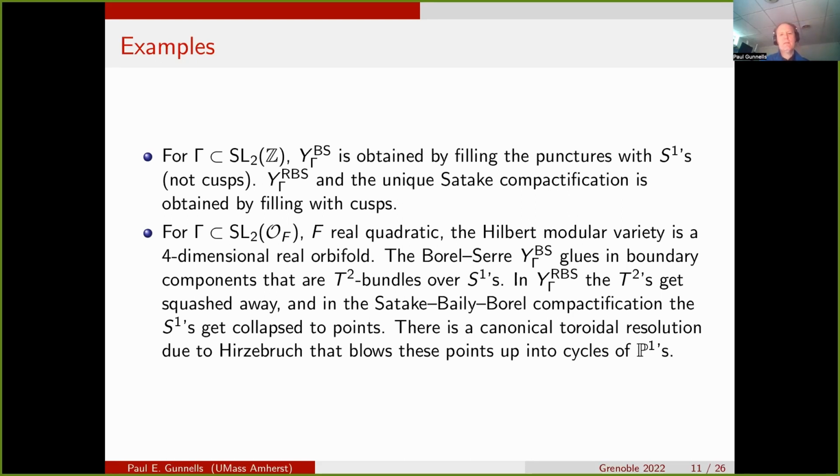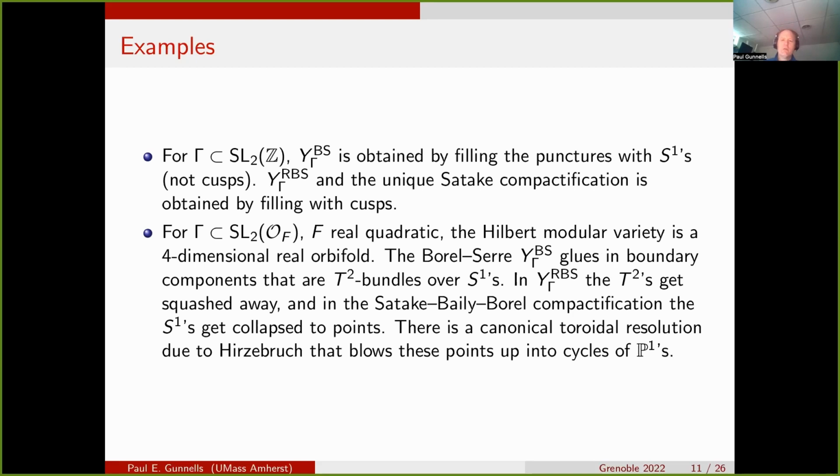Finally, in the Satake Baily-Borel, because again, this is an algebraic variety, there's one Satake compactification, and it's the same as the Baily-Borel. Those S1s get collapsed to points. And now it's quite singular. You have a 4-dimensional thing, and at infinity, you've glued in a 0-dimensional thing. So you're pretty far away from being a manifold at this point. And in this case, resolving the singularities was originally done by Hirzebruch.